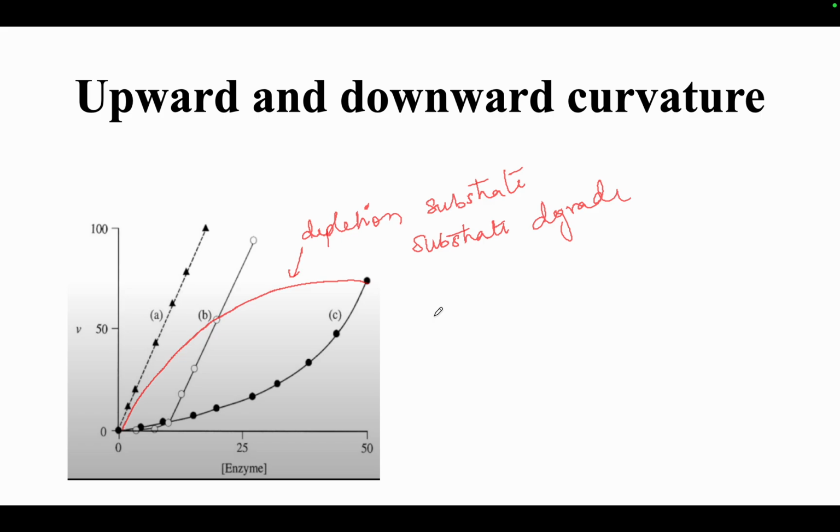So there are both upward and downward curvatures. Downward curvature I had already explained, and the upward curvature is mostly due to irreversible and reversible inhibitors.